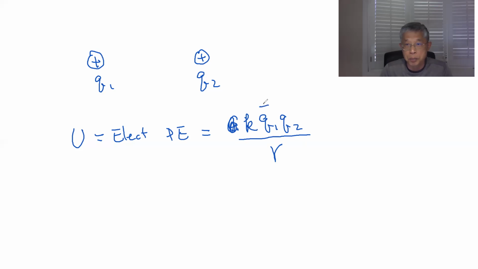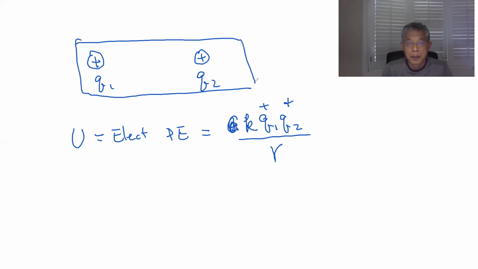In this case, this is plus, that's plus. So the potential energy for these two together, which is the system here, is equal to K Q1 Q2 divided by R, right? And the unit will be in joules, all right?